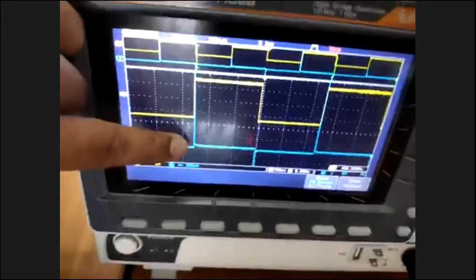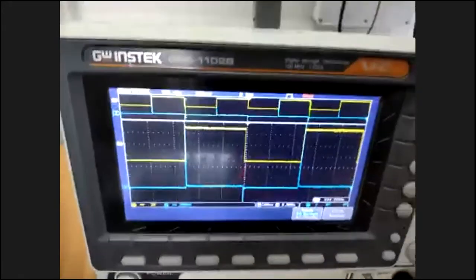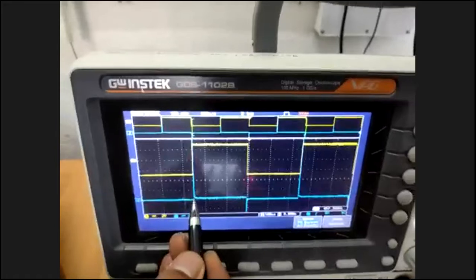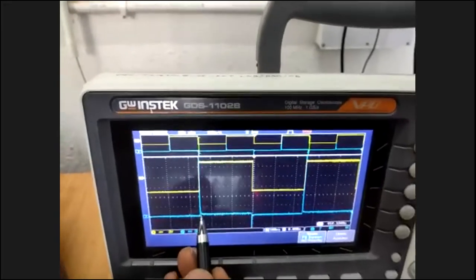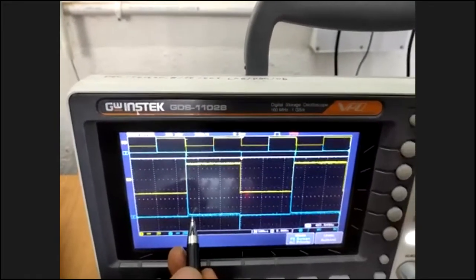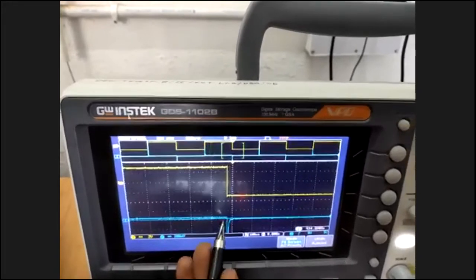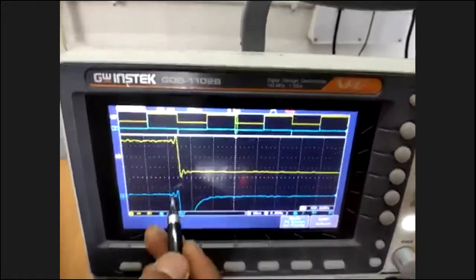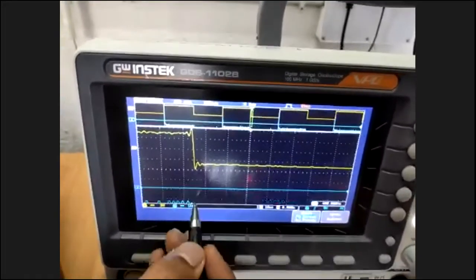Then at the positive peak, in the starting here, after a few milliseconds it goes to steady state. This is the steady state line, and after the steady state condition, it will again reach the negative point.